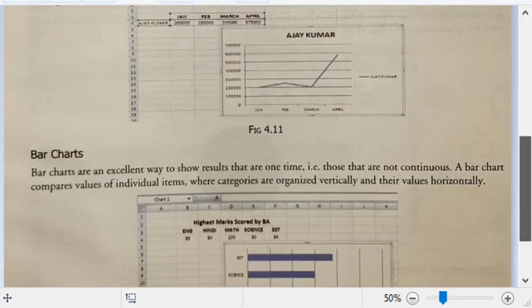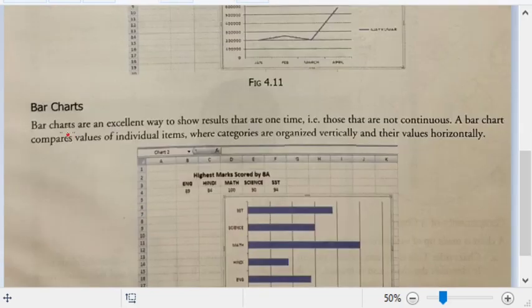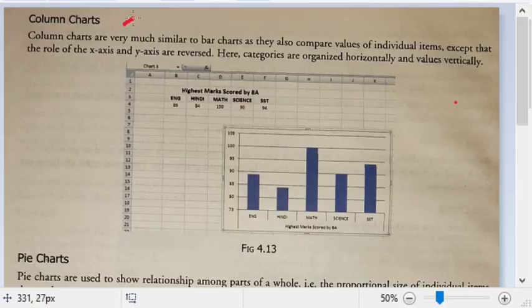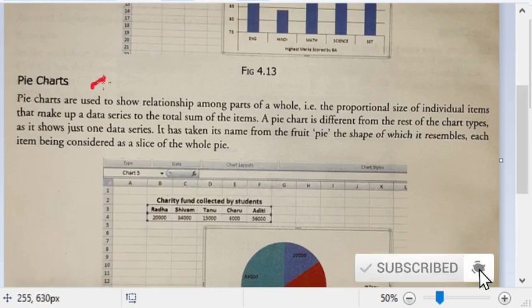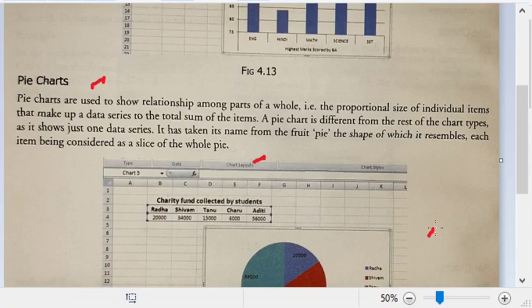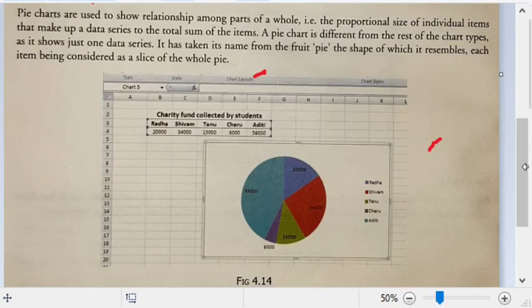Similarly, you write the bar chart, its definition, and this picture. Similarly, on page number 34, column chart, definition, and make this picture. Similarly, the pie chart, definition, and make this chart also.